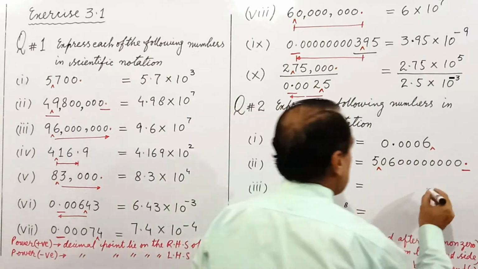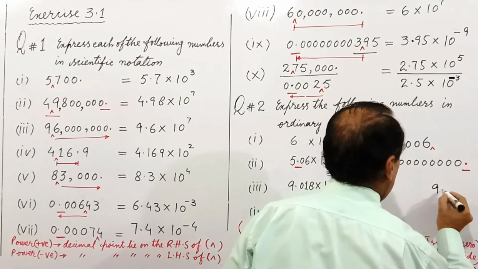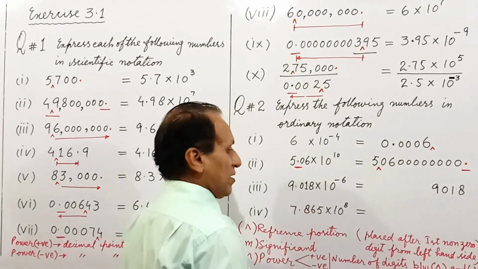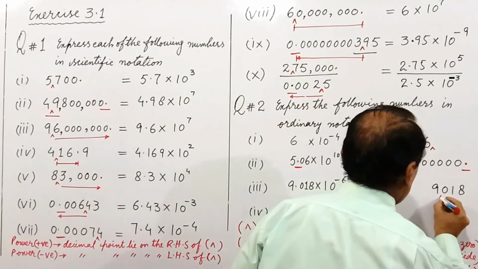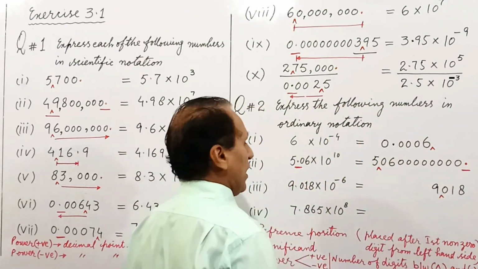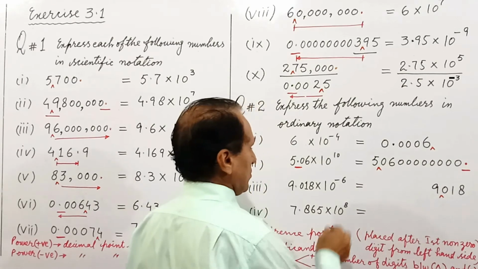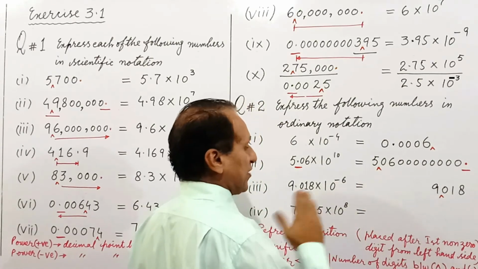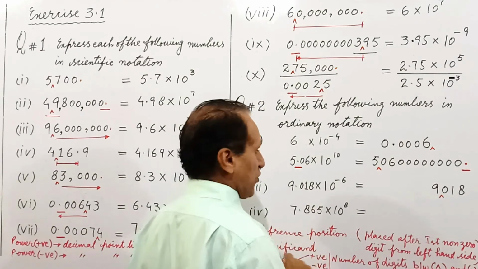9.018. We write the significand leaving some space, 9018, removing this decimal point and placing the reference position in place of it. Now we have to put the zeros by using the power. The power is negative, it means the decimal point lies on the left hand side of the reference position, 6 digits away.